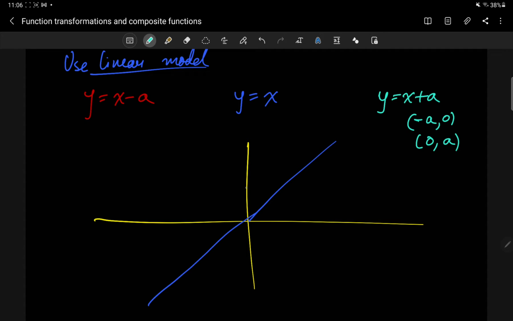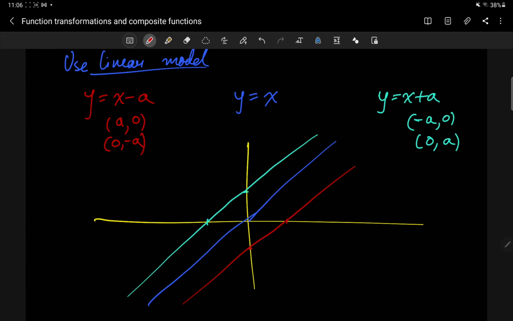So x is 0, y is a, so that's right here. And the slope is still 1, which means it's parallel. Whereas the red line, that's going to be when x is a, y is 0, and when x is 0, y is negative a. And that's right here. So that's my red line.